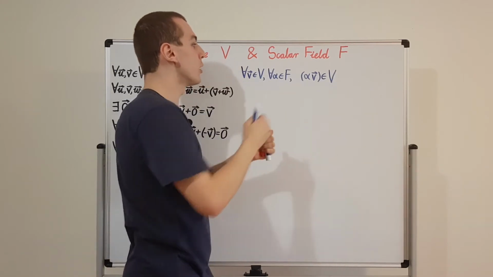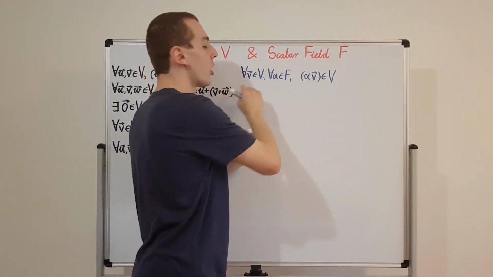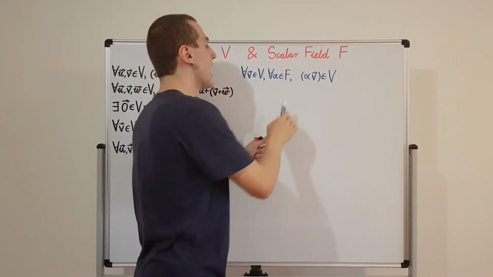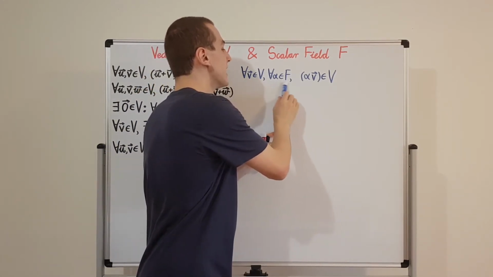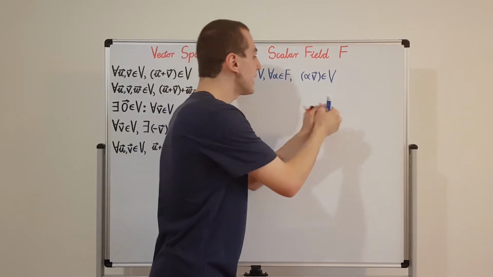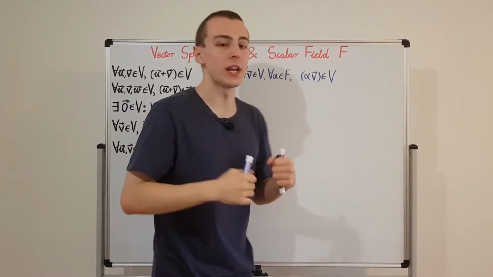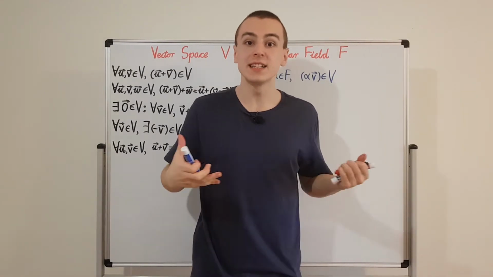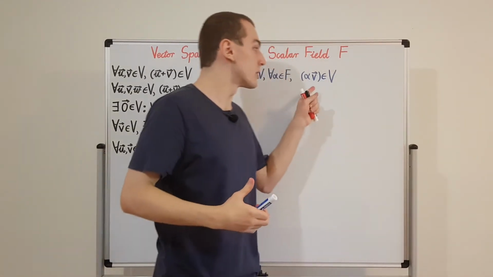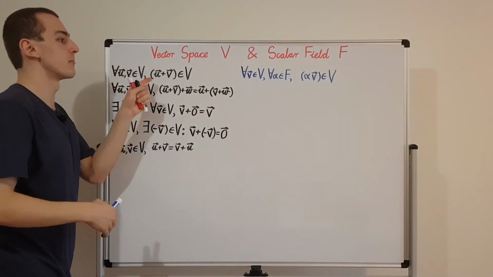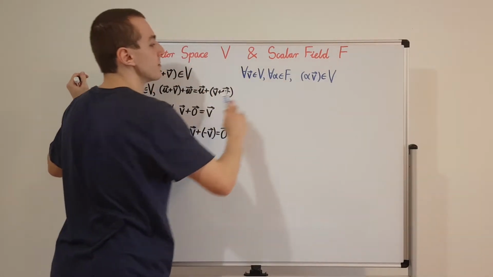And we're pulling those elements in, and we're using them to scale our vectors. So this is telling me for all vectors in the vector space and for all scalars in the scalar field, if I combine these two elements together and form a scaled vector, that is also in the vector space. So that is closure. Scalar multiplication is closed, just like vector addition is closed. So these are analogous axioms.